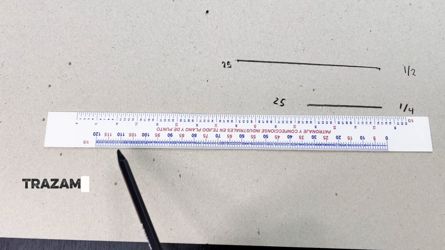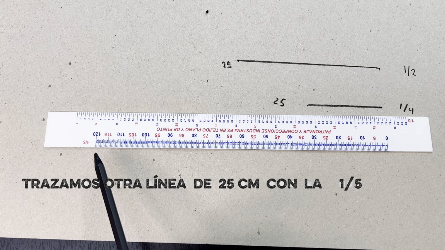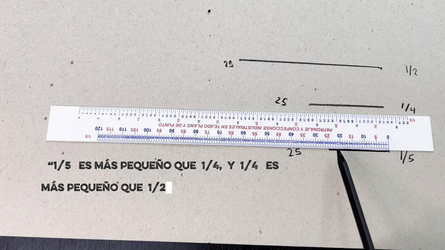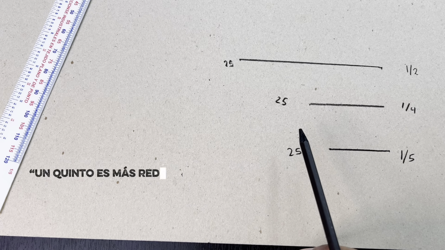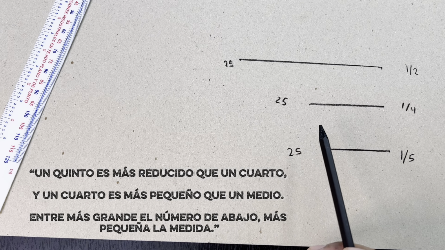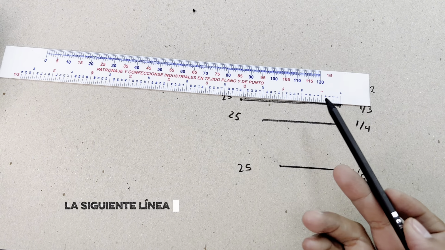I am going to redraw the line at 25 centimeters, but with the fifth, we realize that the size is smaller, and so we redraw the same line. With this third, it's the same, 25 centimeters.